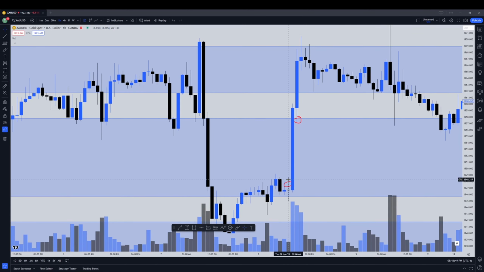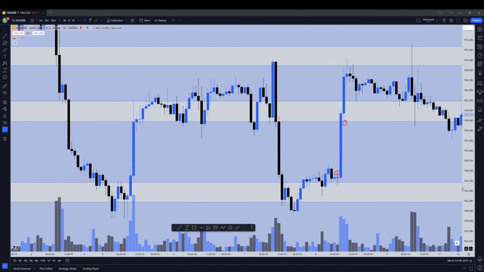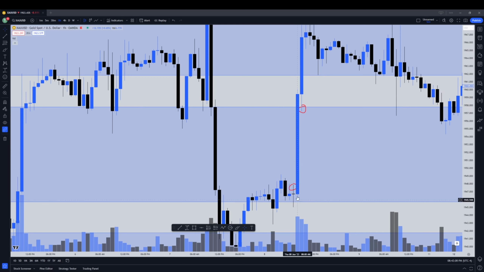So once we identify the 2 wicks on both sides, we want to see, are these 2 wicks touching each other? Are they overlapping each other? Well, no, they're clearly not overlapping each other. They're pretty far away from each other compared to the candle. So what this causes is a fair value gap right here.